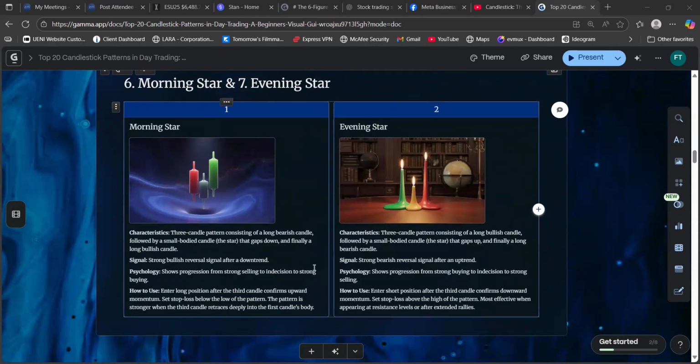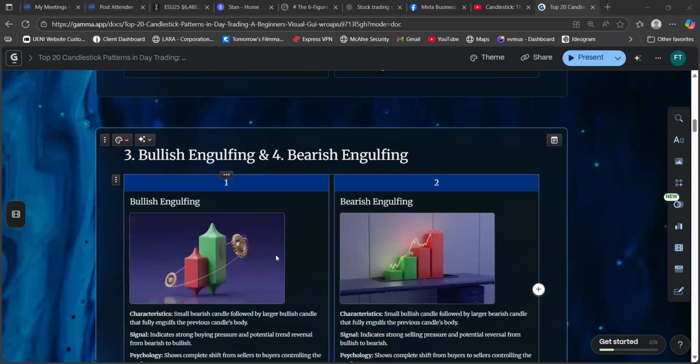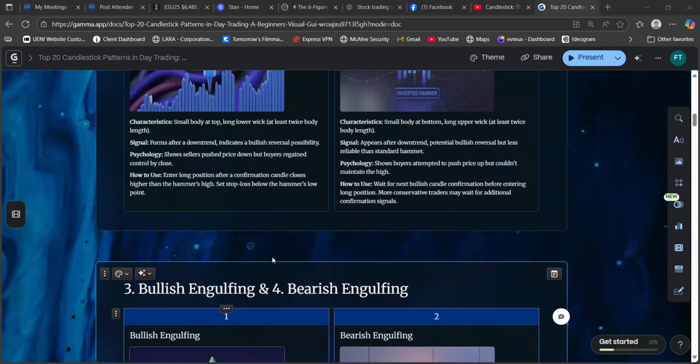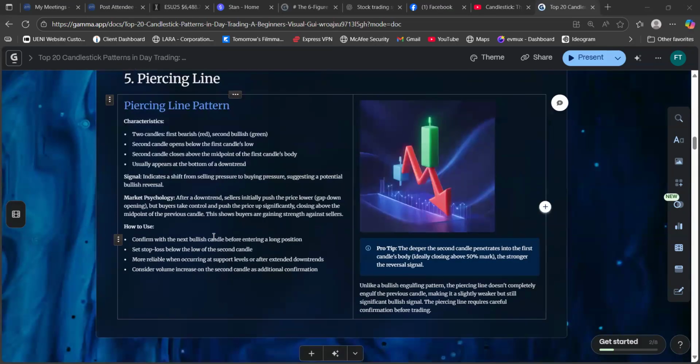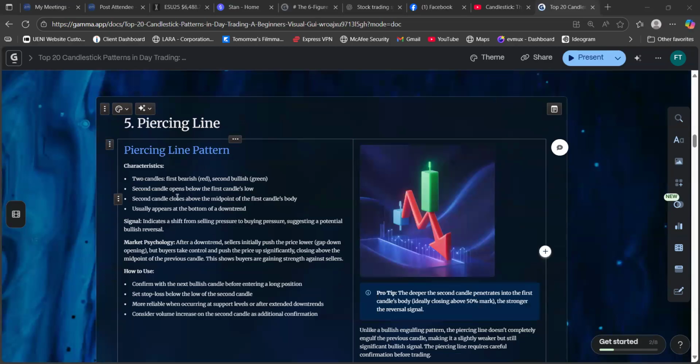Make sure you study the bullish engulfing and the bearish engulfing candle, and the hammer and the inverted hammer. The piercing line pattern is two candles, first bearish, second bullish. The second candle opens below the first candle's low and closes above the midpoint of the first candle's body, usually at the bottom of a downtrend.